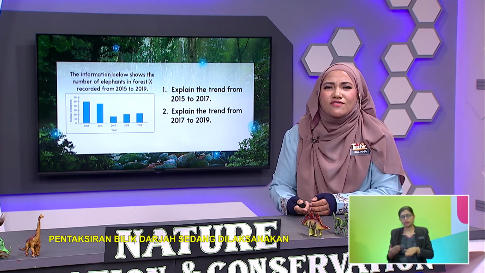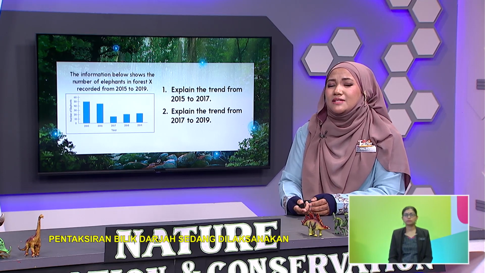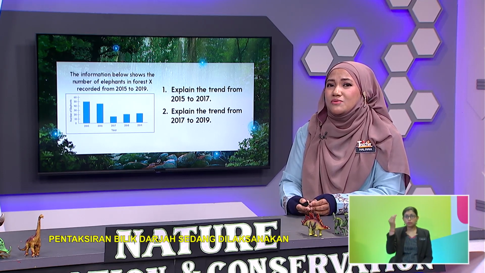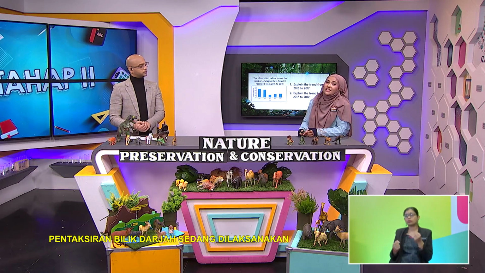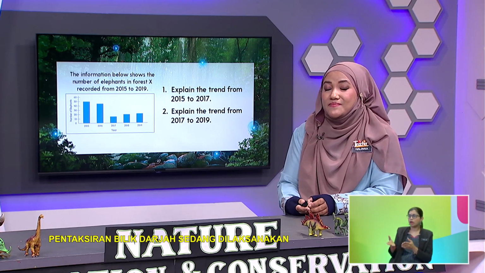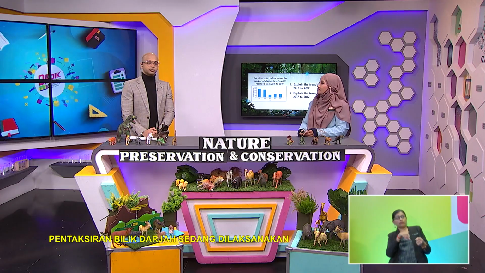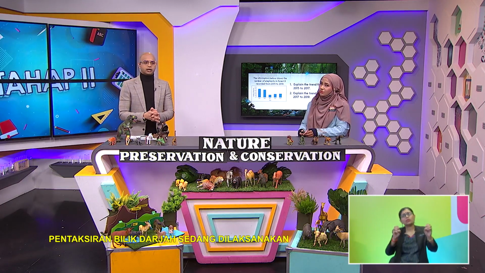Yes. I think we have heard recently that people found a small elephant on the road, right? Maybe because it lost its habitat. Maybe. So it's trying to find a new place for them. Yes. Or maybe because there were hunters hunting down animals for their meat or for their tusks.